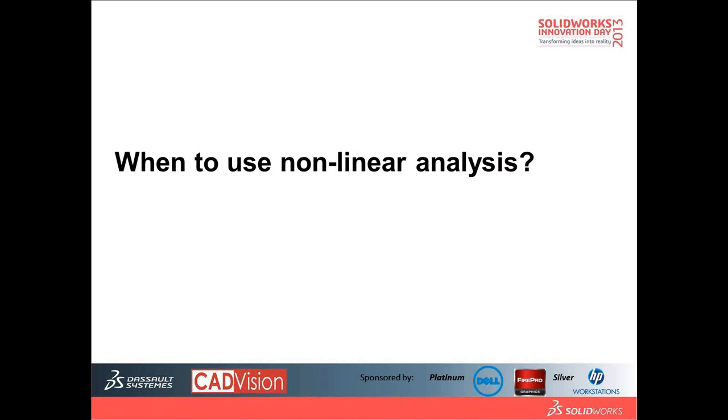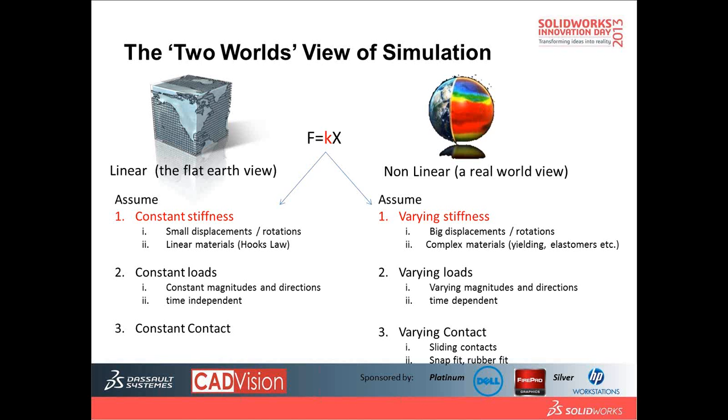Okay, when to use nonlinear analysis? Right, this question is actually related to the past two questions. Basically, we still go back to the assumptions. When the assumption is violated, we should use nonlinear analysis. But let's have a look.